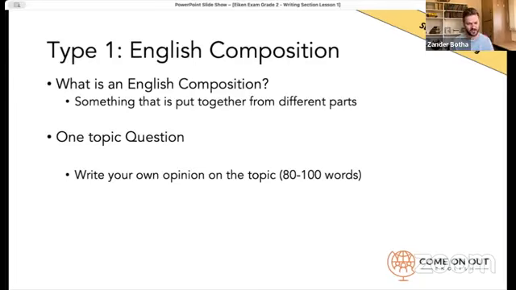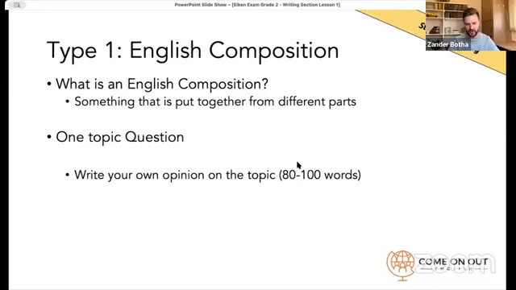I always tell my students that you don't want to write less than 80 words and you don't want to write more than 105 words. All right, so you want to try and get as close to 100 words as you possibly can, given your own opinion.